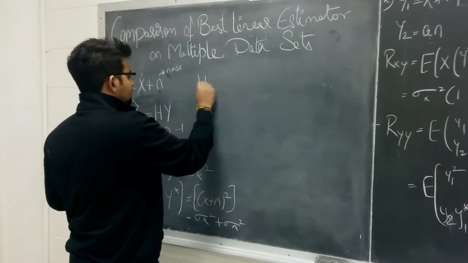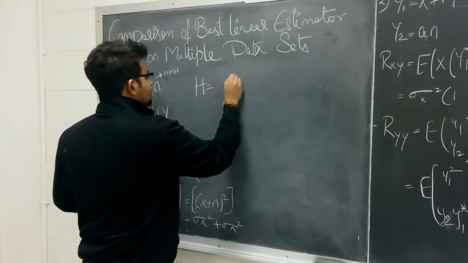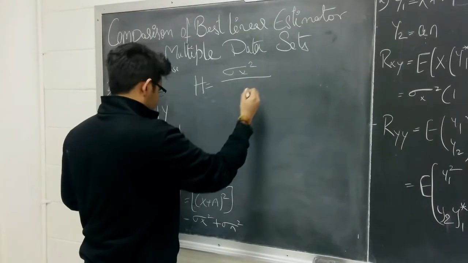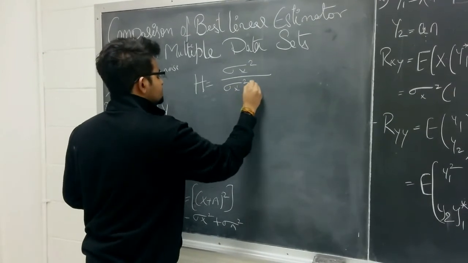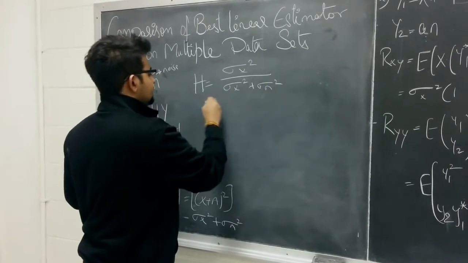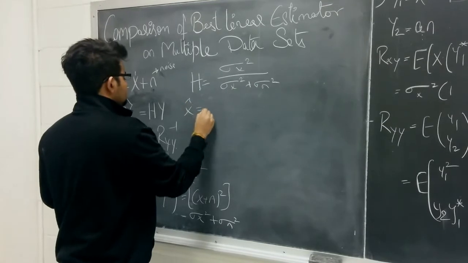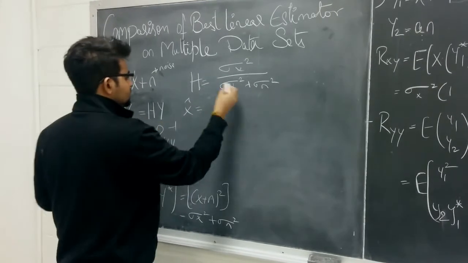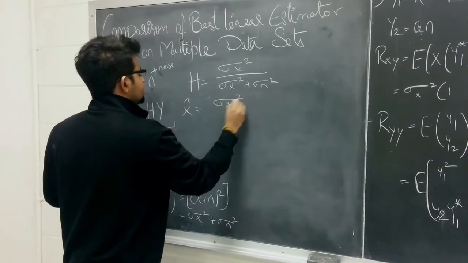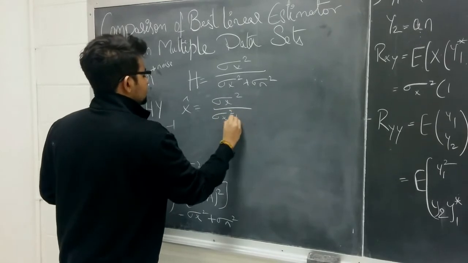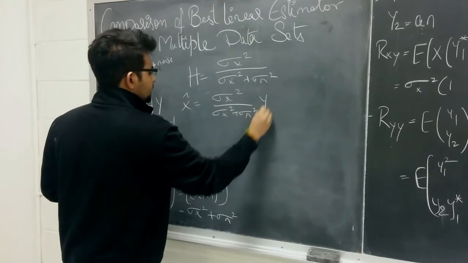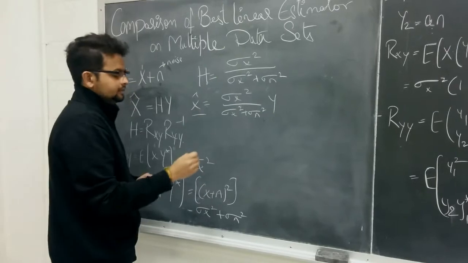So the value of h will be simply sigma x square upon sigma x square plus sigma n square. This is the value of h, and x cap will be h into y. In this case, it will be sigma x square by sigma x square plus sigma n square into y. This is our x cap estimator.